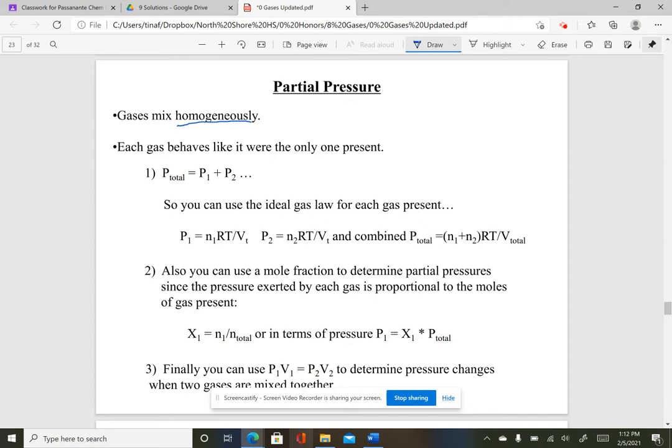So we're taking the pressure of every gas in the mixture and adding it all up to get our total pressure. These are called partial pressure problems because you need to figure out the pressure of each individual gas first. Those are the partial pressures to get then the total pressure in the container.